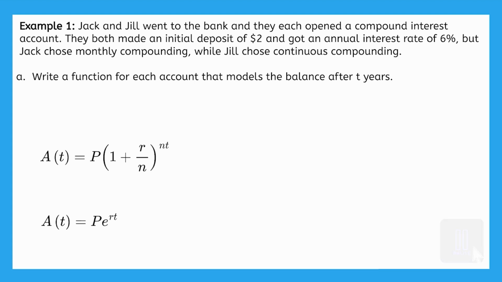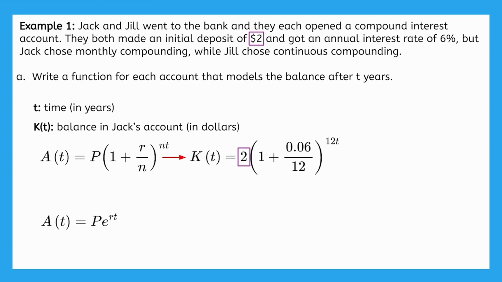Our input would be the time in years, and for Jack's account, let's call the balance K of t. Since his interest is compounding monthly, we use the normal compound interest formula with a principal P of $2, an interest rate r of 6%, which we must write in decimal form as 0.06, and a compounding frequency n of 12.